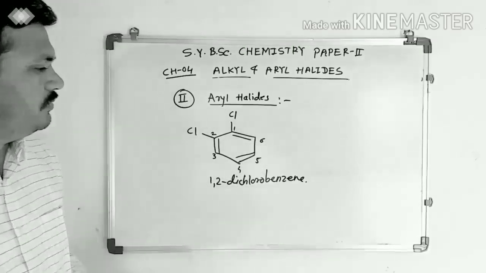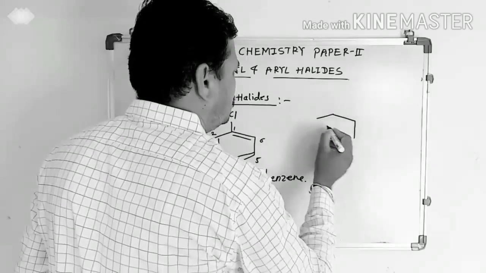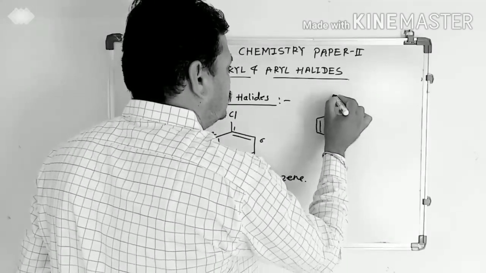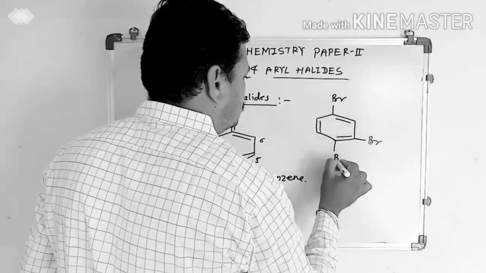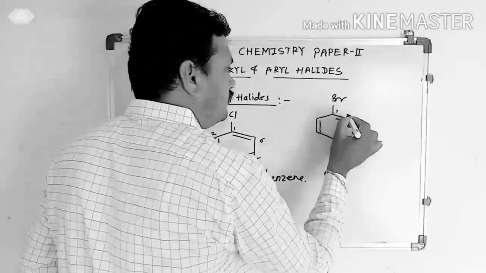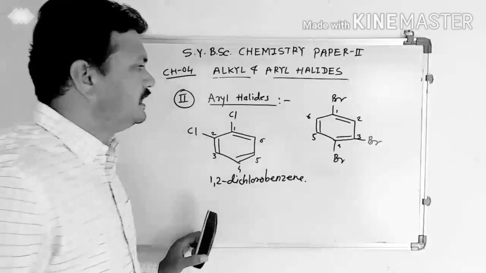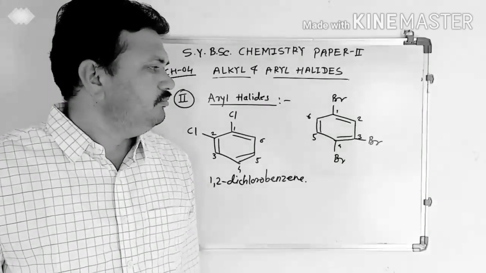Okay, this is a nomenclature. Again, there are some more examples. When there are 3 halogen atoms like this, again numbering 1, 2, 3, 4, 5, 6. There are 3 halogen atoms attached to only a single benzene ring.